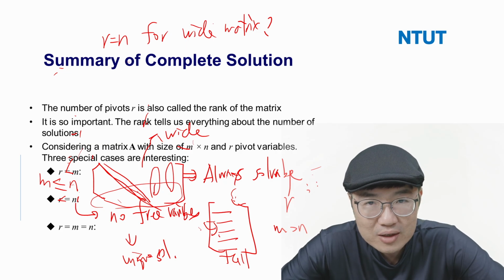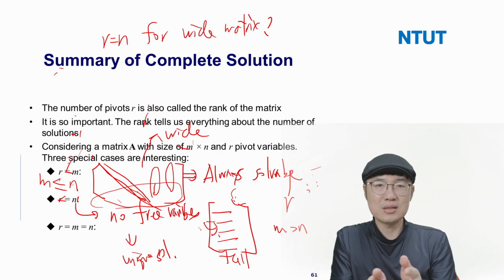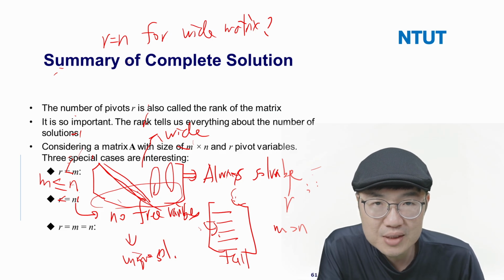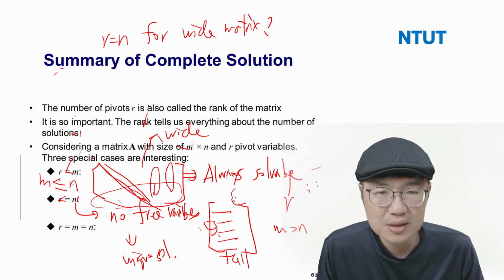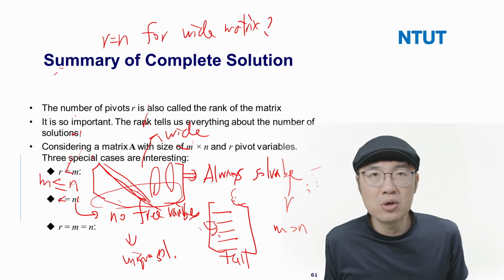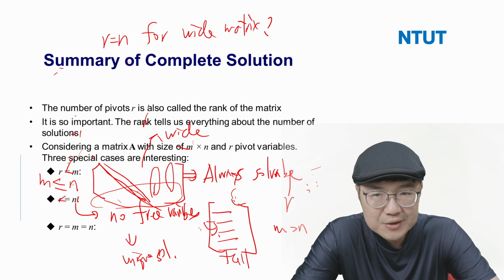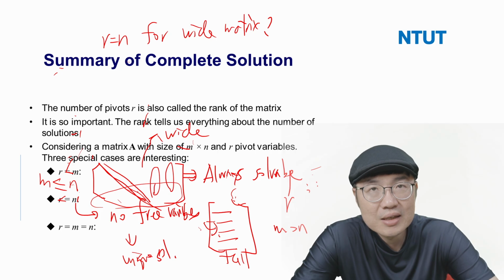No way. When M is greater than N, then R equals N stops. It cannot move on. So R equals N is only for tall matrices, never for wide matrices. And when R equals N, it means you have no more free variables. So you can have a solution, and once you have a solution, it must be unique. And you could have no solution at all if B is not in the column space.